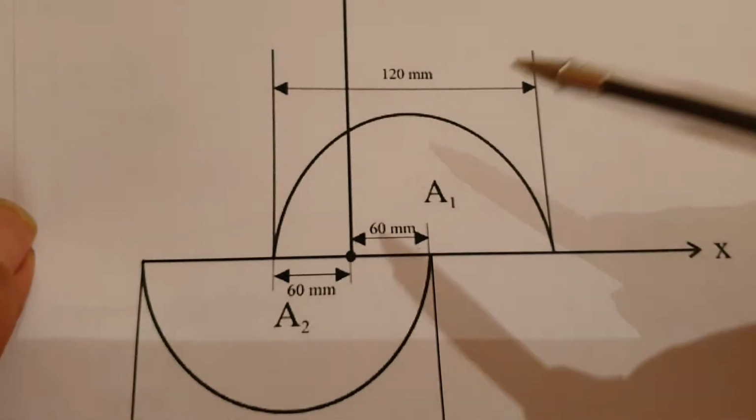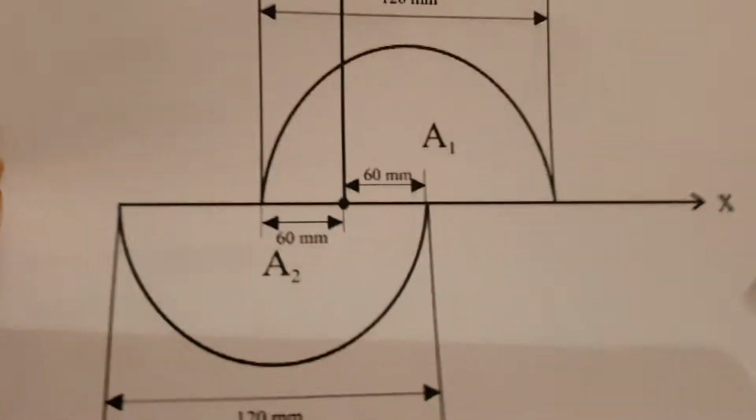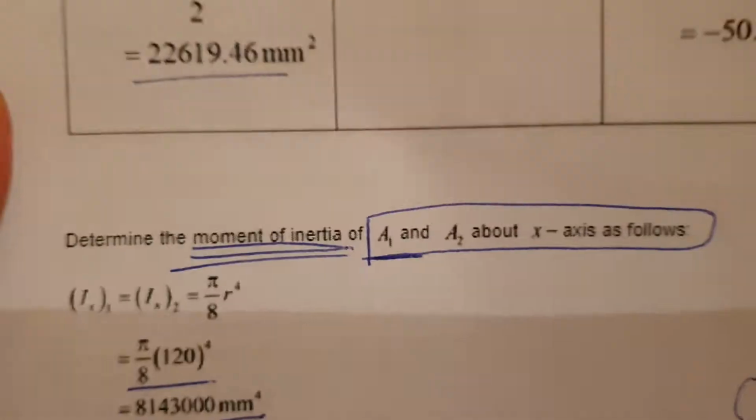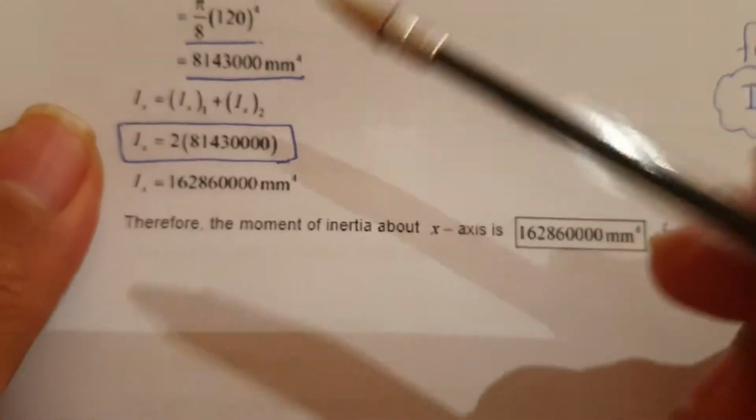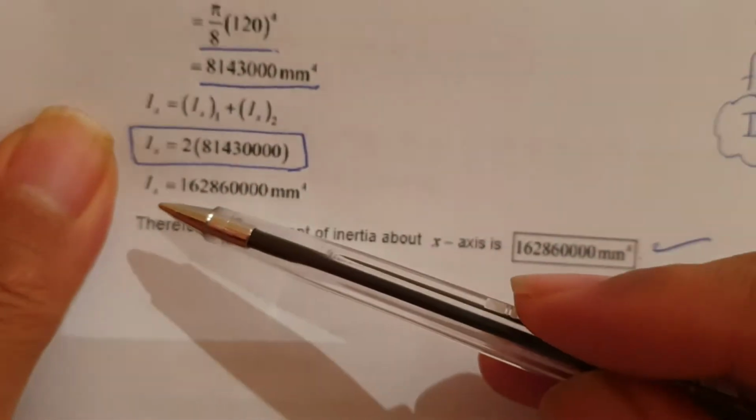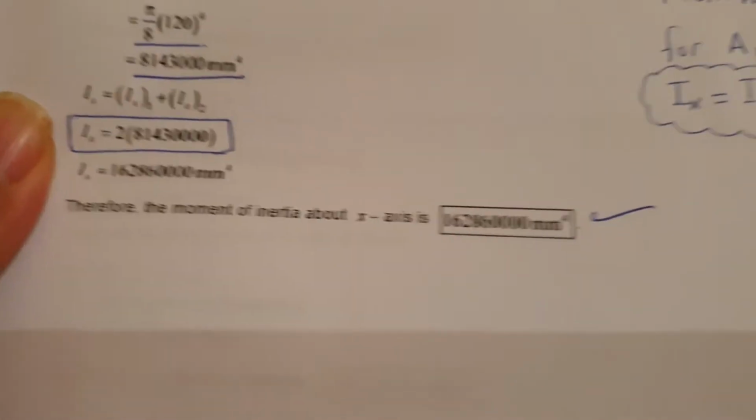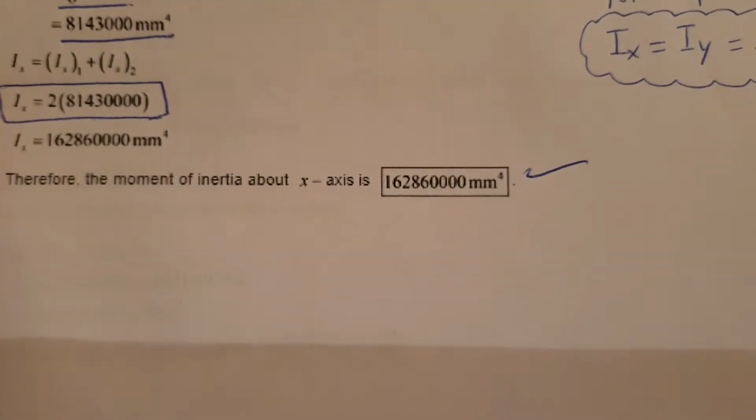We have this half circle and this half circle. So we have double. So Ix is double that, and that's what gives you the moment of inertia about the x-axis.